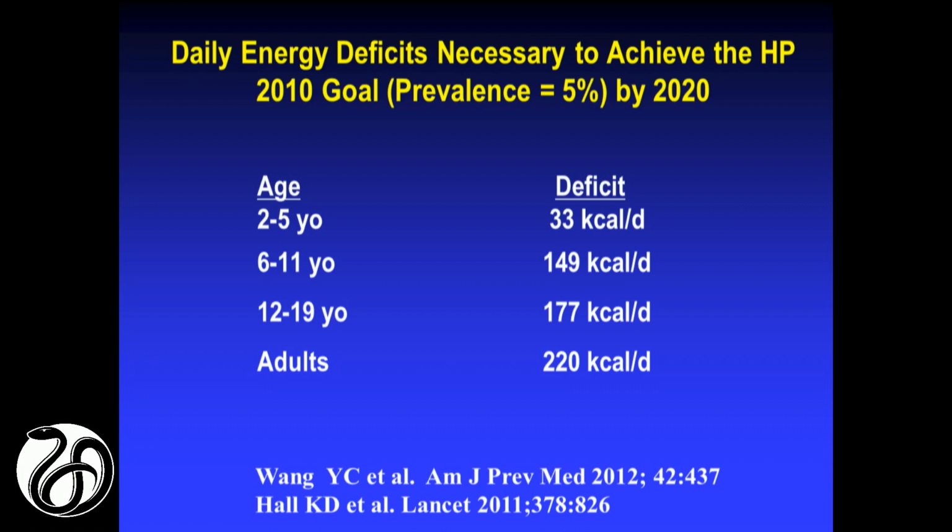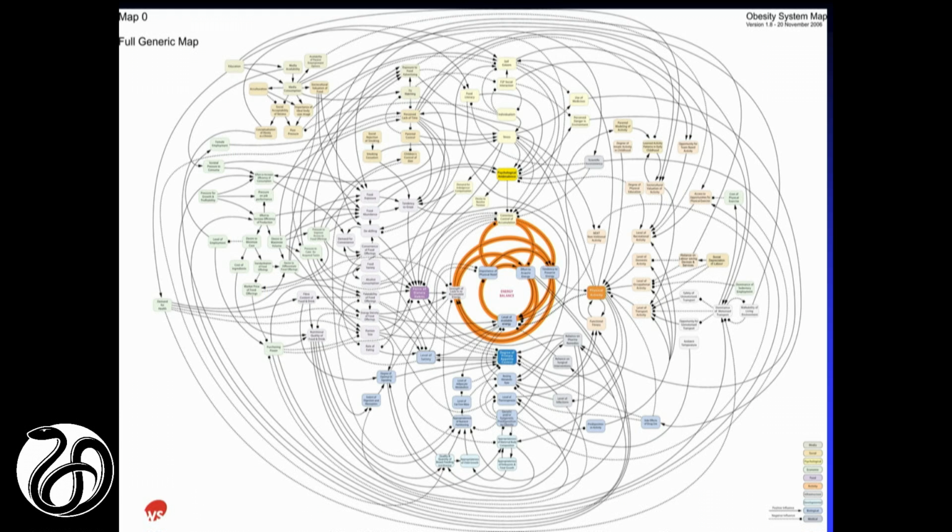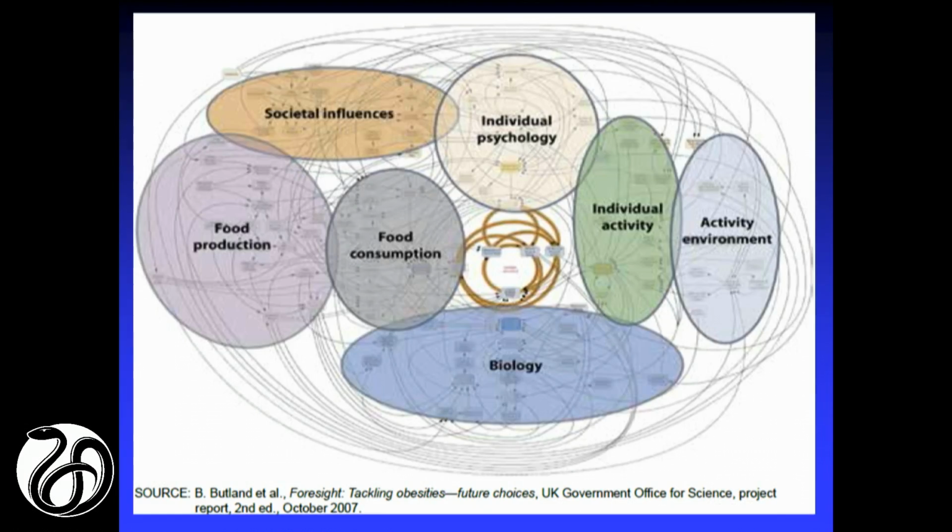Now, as the next slide shows, these differences that accounted for obesity over time are relatively small. This slide shows the daily energy deficits necessary to achieve the Healthy People 2010 goal of a prevalence of 5% by 2020. The way to look at these data is that this flips the weight gain.